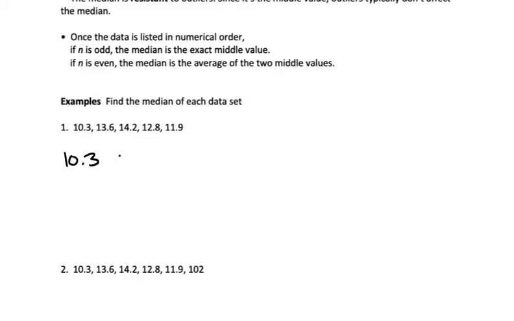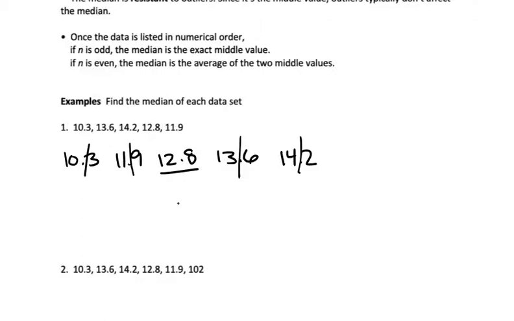So 10.3 is the smallest, followed by 11.9, followed by 12.8, and then 13.6, and 14.2 is the largest. Now I have 5 numbers here. One way that this is often taught is by a method where you cross out one from each side until you get to the middle. So my median value here is 12.8. That's exactly in the middle of the data set.